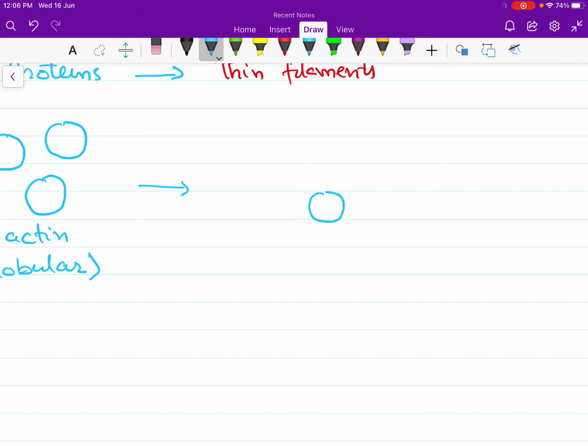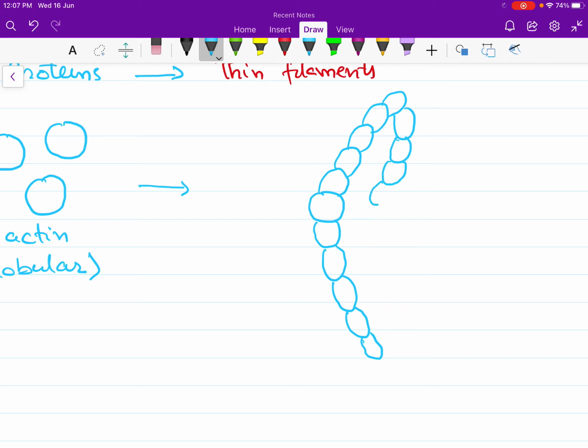Suppose this is one globule, then several globules will polymerize together just like this. They will polymerize and form a long chain-like structure. This chain-like structure formed of several G-actins is called the F-actin.